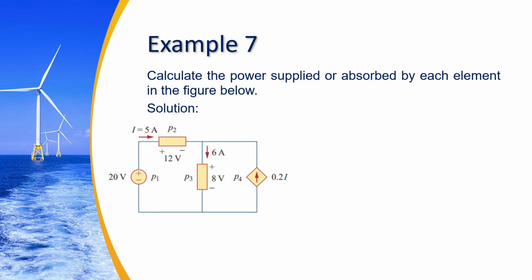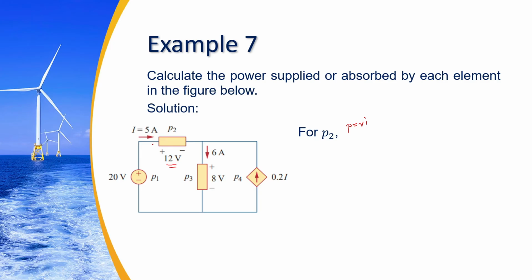Okay, so next. Para naman kay P2. Si P2, same yung formula na gagamitin natin, VI pa rin. Ang voltage natin is yung 12 volts. Okay? Yung current is yung current din na 5 amp. Kaya lang, ang pansin natin yung arrowhead, papunta sa kanya. Since papunta sa kanya, ibig sabihin, siya yung mag-a-absorb.